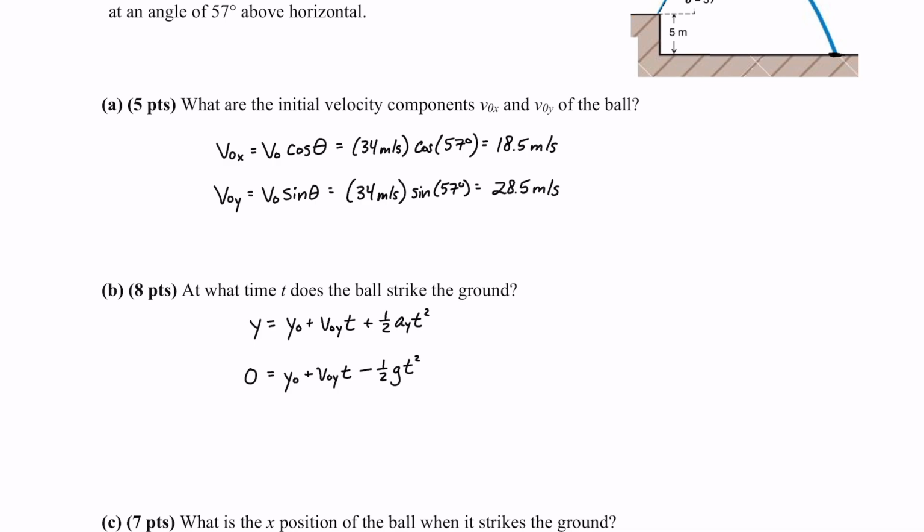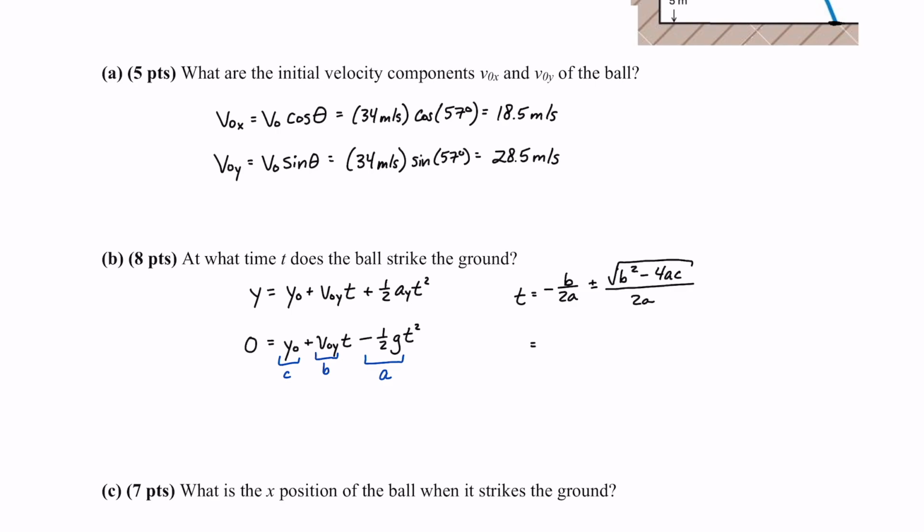This is a quadratic equation in t. So to solve this, I'm going to want to use the quadratic formula, which says t is equal to negative b over 2a plus or minus the square root of b squared minus 4ac, all over 2a, where in my quadratic, negative 1/2 g is a, v naught y is b, and y naught is equal to c.